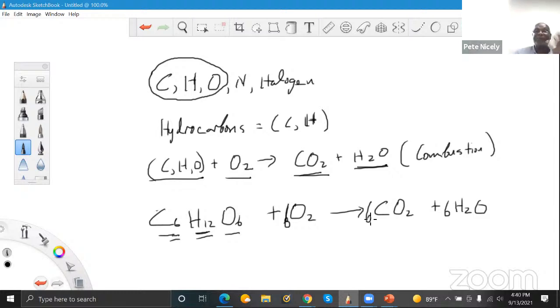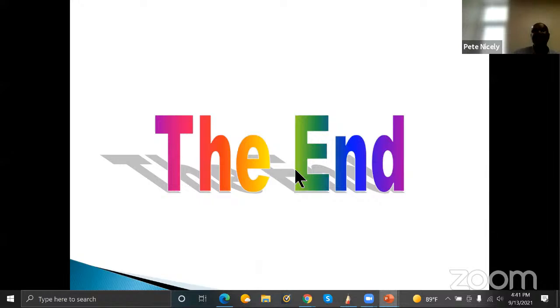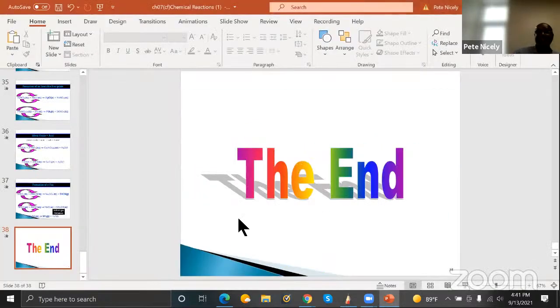The only difference between them, of course, is that you have to make sure that they're balanced so that the number of atoms of each element on both sides of the equation would be the same, all right? Okay, so that's basically it as far as chapter 7 is concerned. So as you can see, chapter 7 is a relatively short chapter.